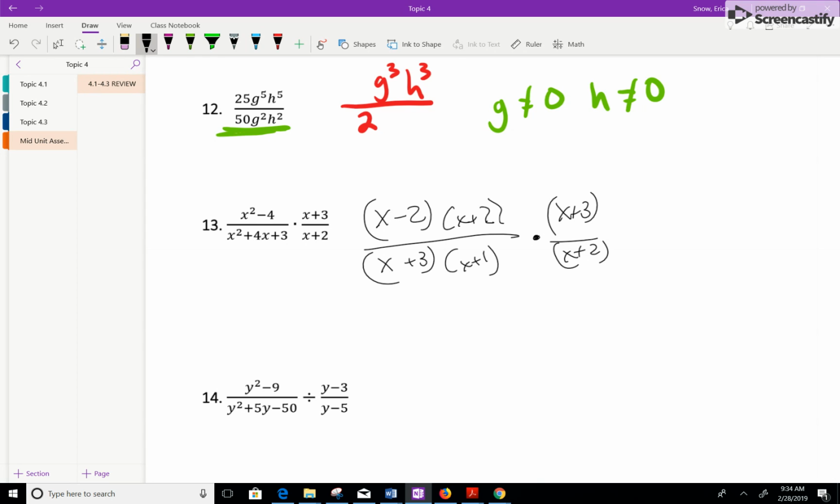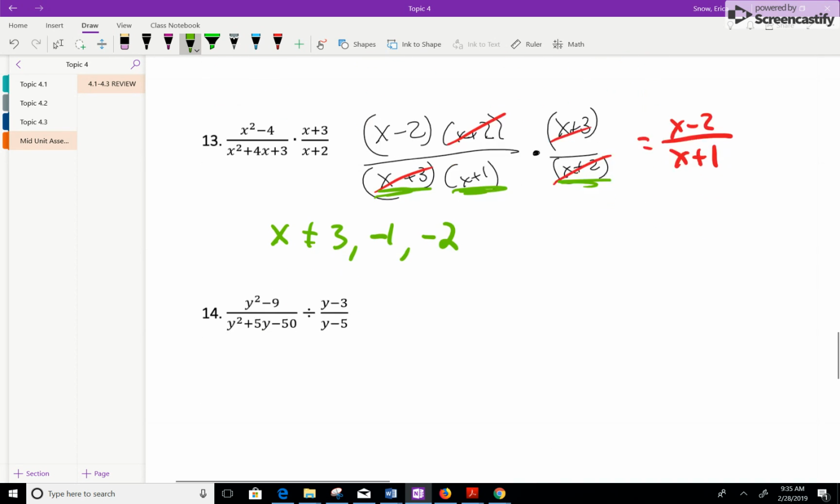Now, that being said, we can cross-cancel those and cross-cancel those so that our final simplification is x minus 2 over x plus 1. Then we go back to the originals that we had for our restrictions. X cannot equal 3, -1, or -2.